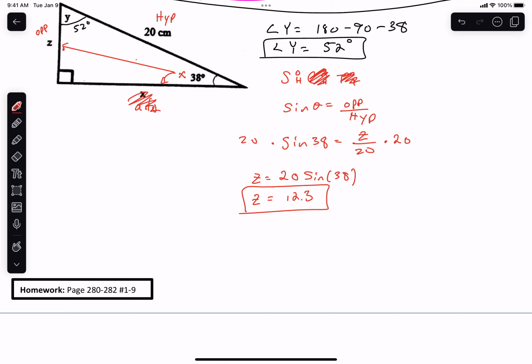Now I'm going to find adjacent. Am I going to do that again? What's easier than SOHCAHTOA? Use Pythagorean theorem. Now, just careful with it this time. Pythagorean theorem says, what's C? C is 20.